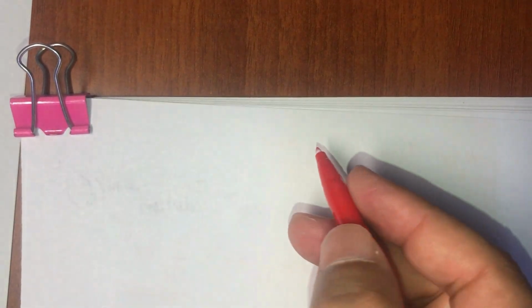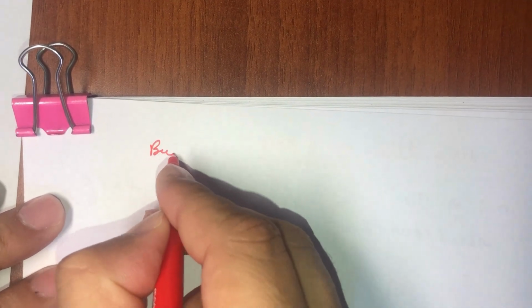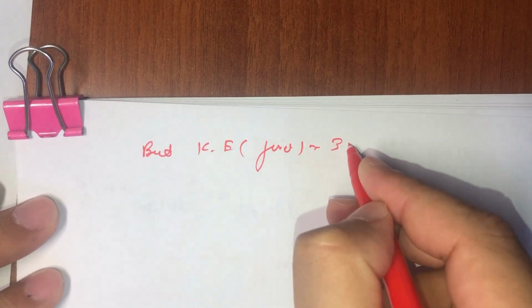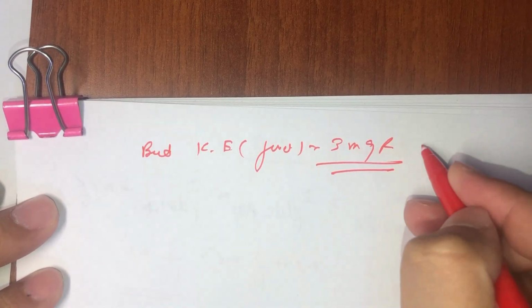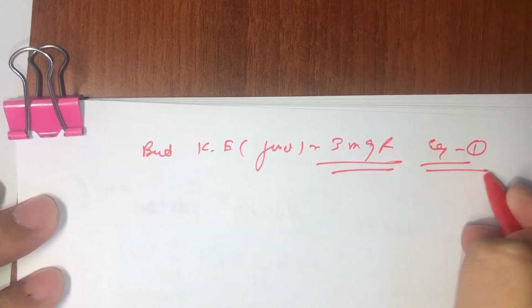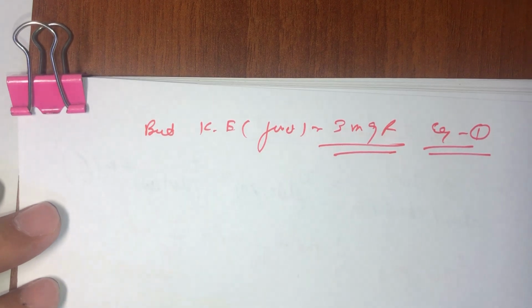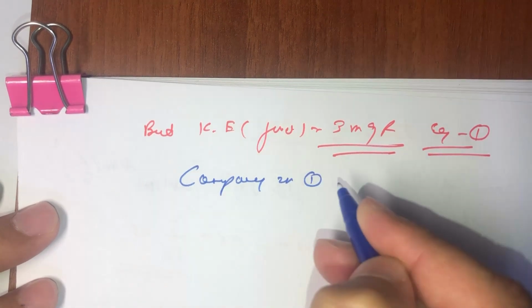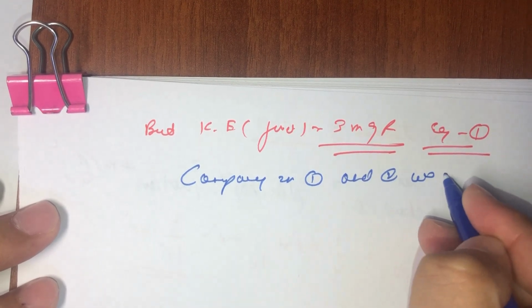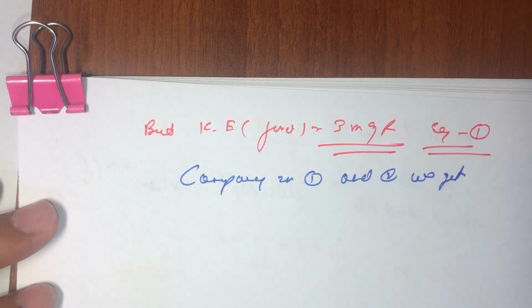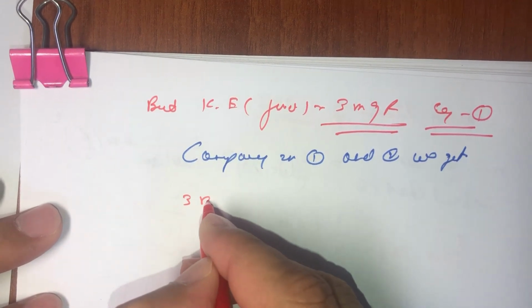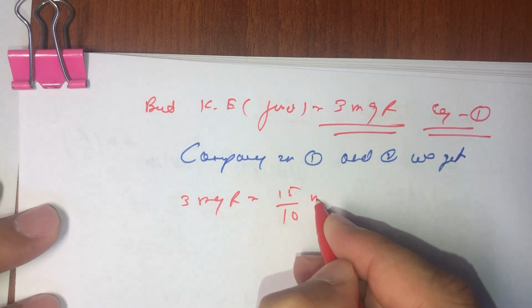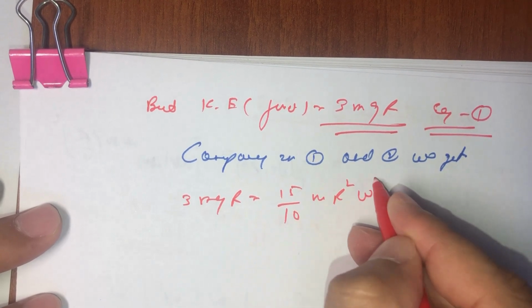Comparing equation 1 and equation 2, we get 3 mgr is equal to 15 upon 16 m r square omega square.